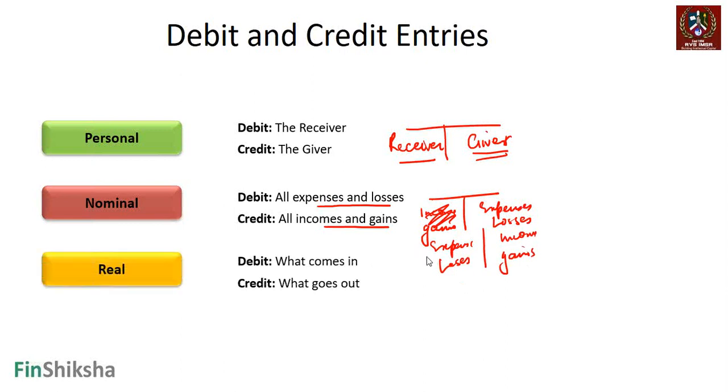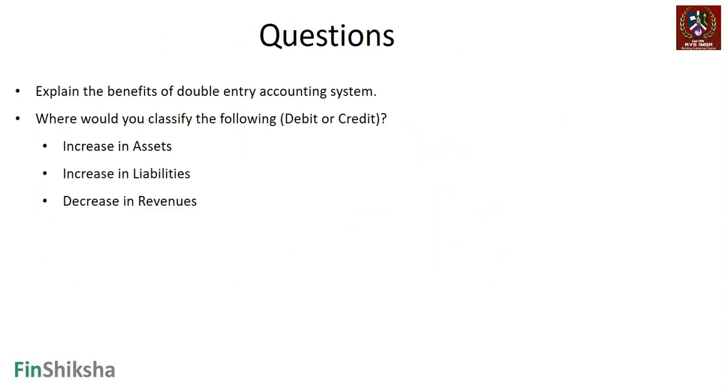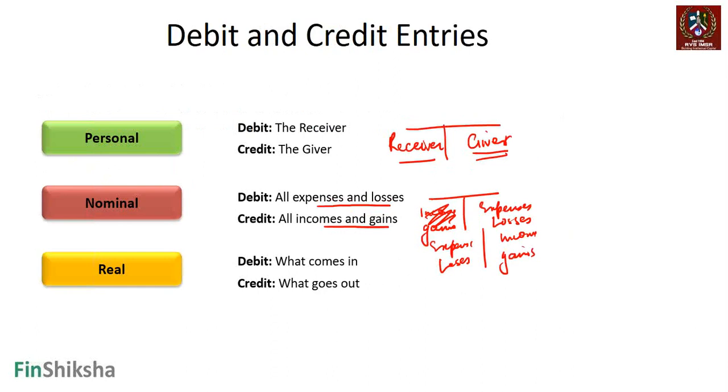Similarly, for a real account, debit whatever comes in, credit whatever goes out, right? So that's how you broadly put in the debit and credit system. And again, when we look at a lot more examples of how we use debit and credit, the personal, nominal, and real accounts will go down the same line of debit an increase in assets, credit an increase in liabilities, kind of a statement, right?